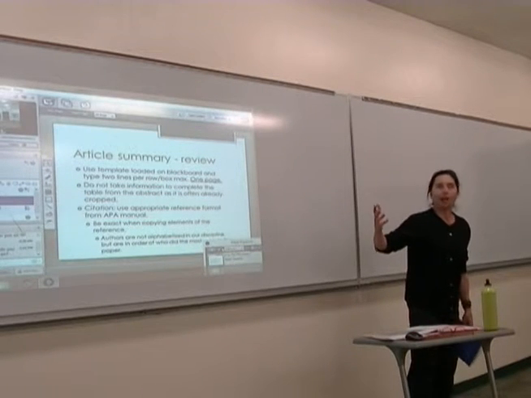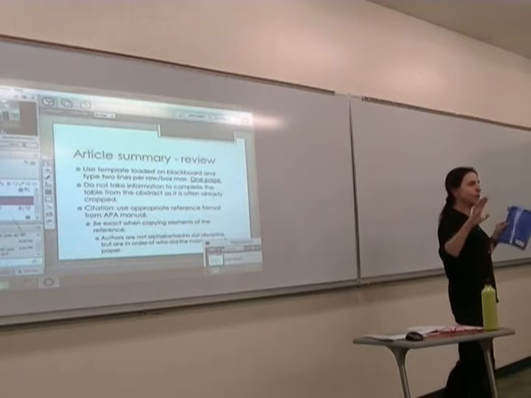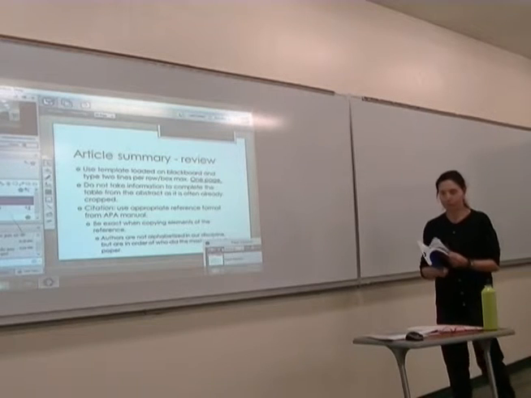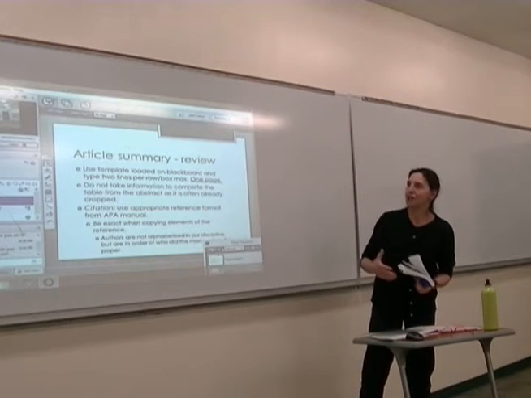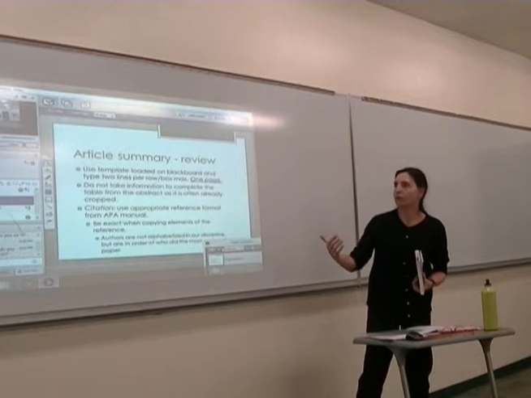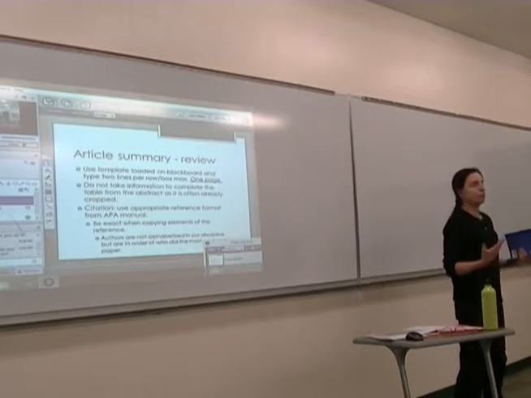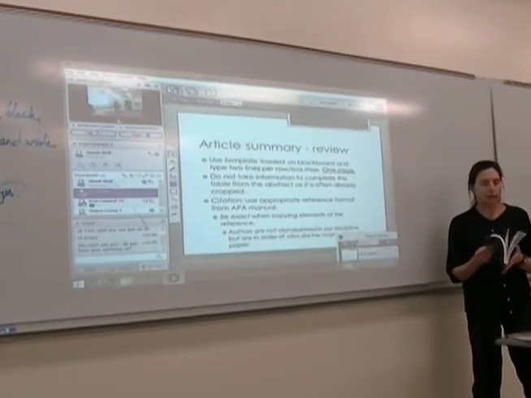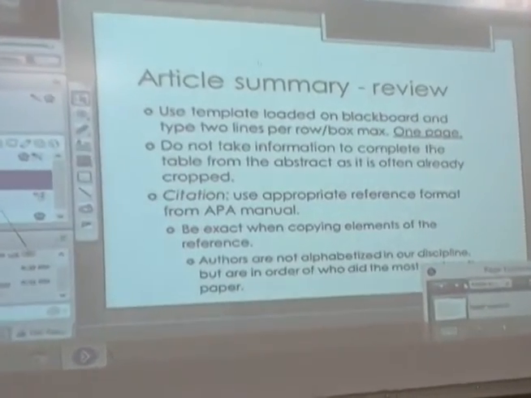All right, so I'm trying to spread the APA information out over a few weeks because it gets a little overwhelming at times. So this week we looked at citations, punctuation, abbreviations. And as I said, it's really about having an idea: what am I supposed to look up in the manual?